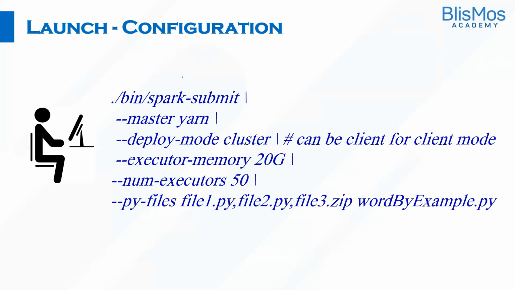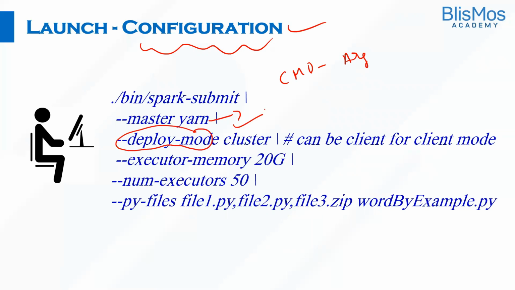One of the important aspects is that all these relevant configurations need to be set during the submission process as part of the command line arguments. Like what is the cluster manager you are using? In this case, we are using YARN. What is the deployment mode?